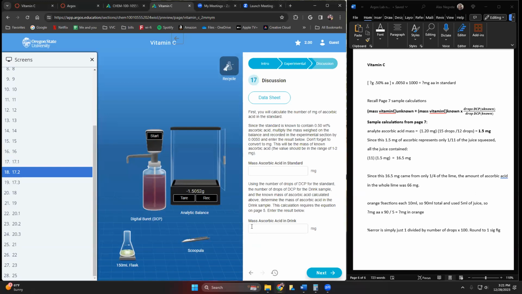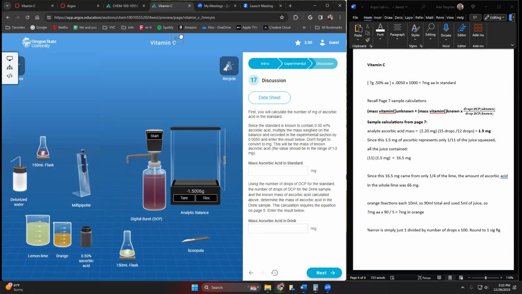Now time for the mass of ascorbic acid in the drink. Once we know the milligrams here, the number of milligrams in ascorbic acid, well, the bottle says that this is 0.50 here. We actually don't, yeah, we just made that calculation here.